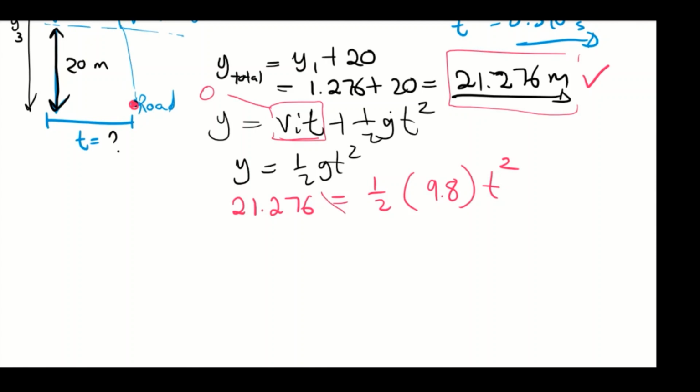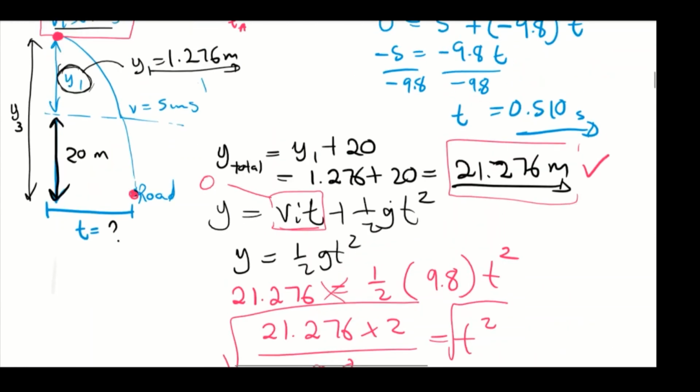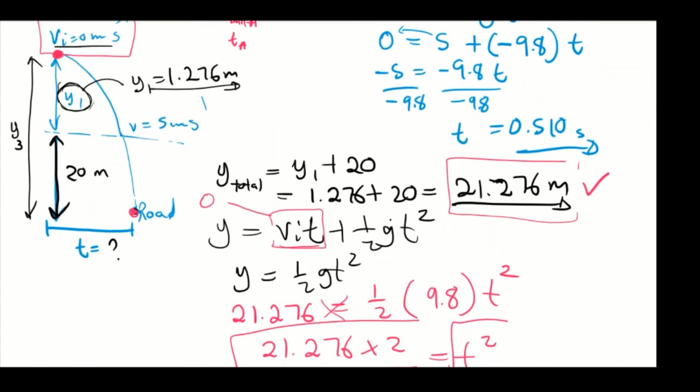It's going to be 21.276 multiplied by 2 divided by 9.8 equals t squared. So you're going to take the square root of both sides, and then your t is going to be equal to 2.0837 seconds. So this is going to be your time from the maximum height all the way to the road.